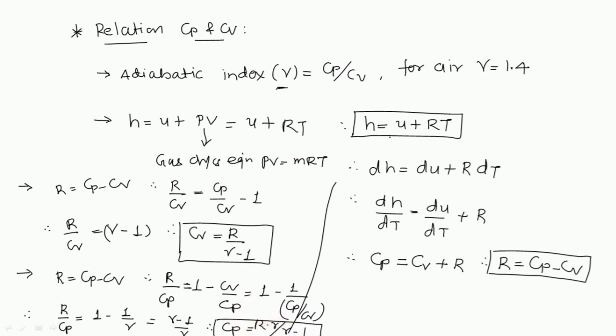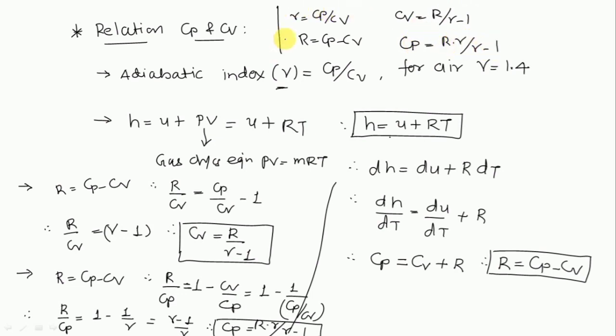So in this whole slide we have relations between Cp, Cv, R and gamma. It is very important for us. First relation is gamma is equal to Cp by Cv. Second relation, R is equal to Cp minus Cv. Third relation, Cv is equal to R upon gamma minus 1, and fourth relation, Cp is equal to R into gamma upon gamma minus 1.